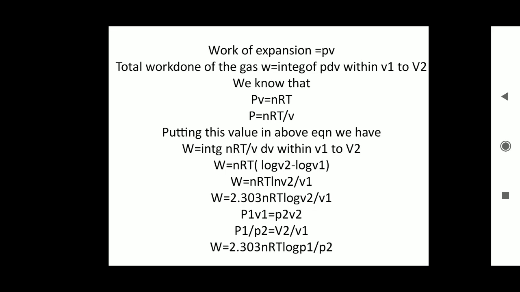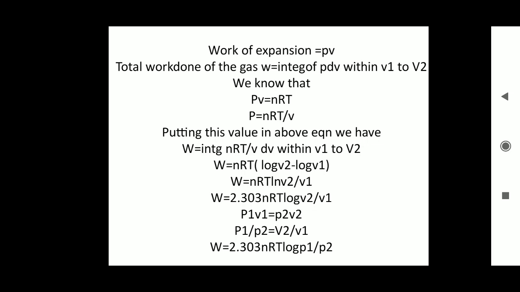We know that PV is equal to nRT according to the ideal gas law. n is the number of moles, P pressure, V volume, R the gas constant and T temperature.